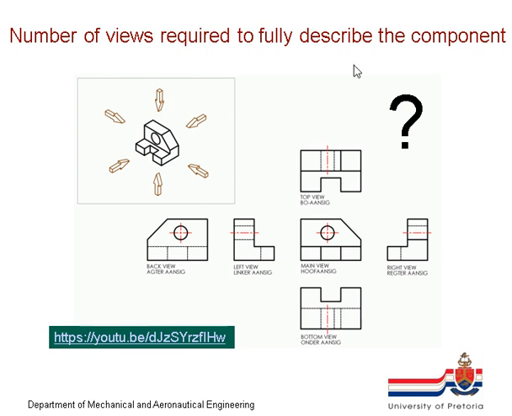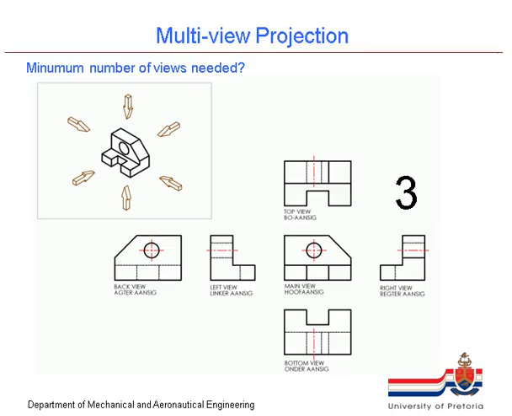The number of views required to fully describe a component, as I mentioned, depends heavily on the complexity of the object. Please go and watch this video that explains, even with this very simple component, how we need at least 3 views to fully describe it.